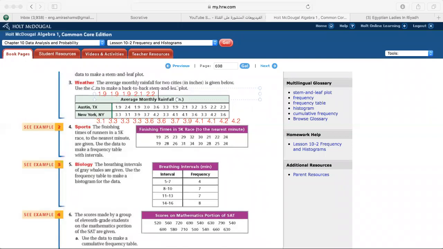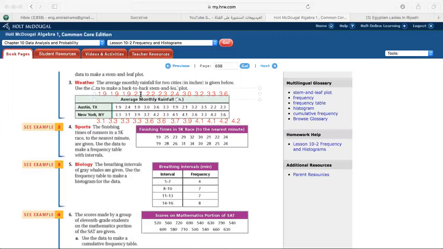I have 2.3. 2.4. I have 3, 3.2. 3.3 and 3.6. Okay, count the numbers.